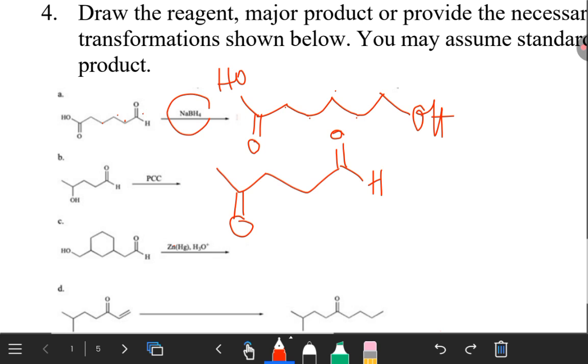For a Clemmensen reduction, one thing we must understand here is that if you have this zinc, mercury together with the hydronium ion, it is able to reduce the aldehydes and the ketones you have to alkanes. Okay, so that is very important for us to take note.